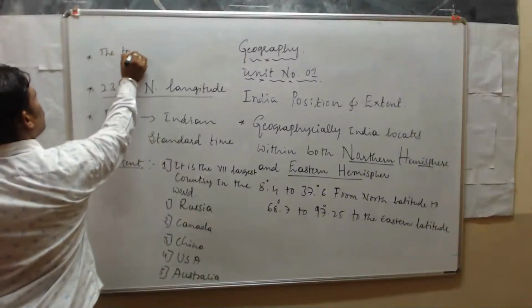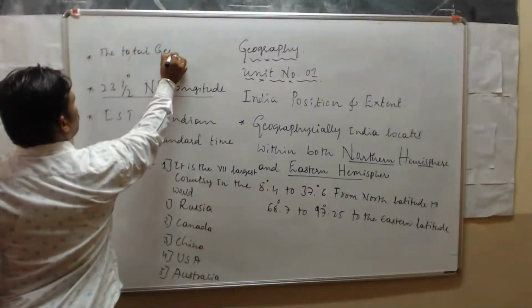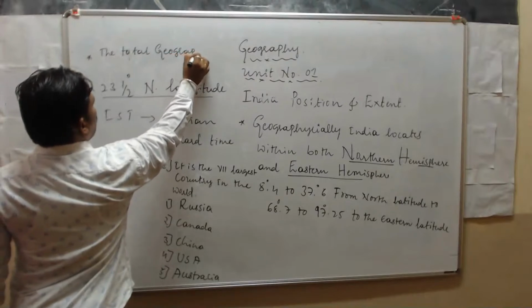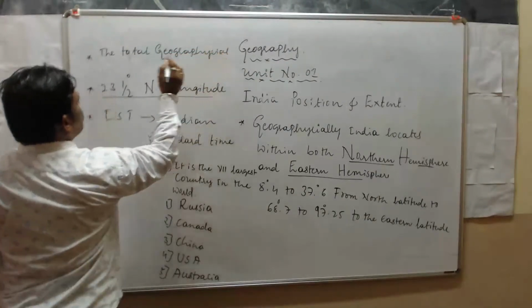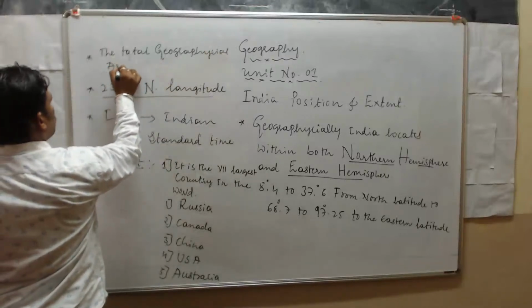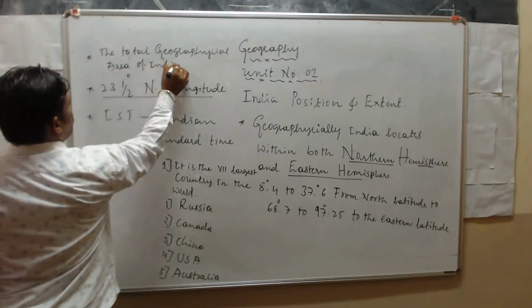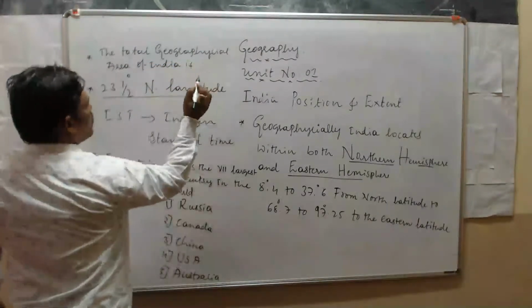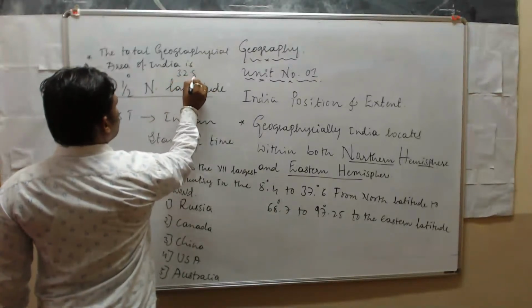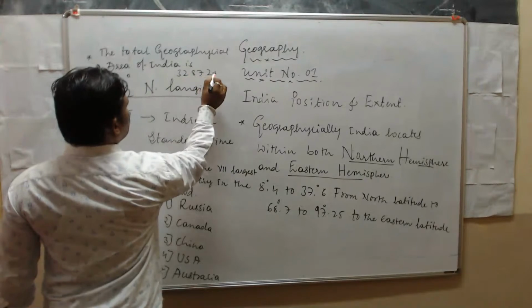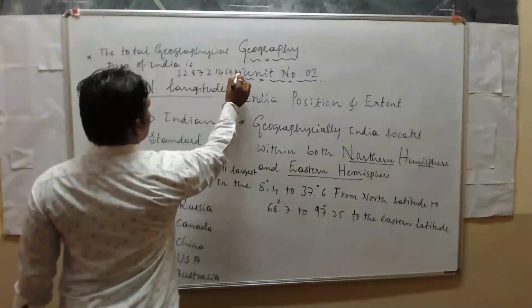The total geographical area of India is 32 lakh 87,214 square kilometers.